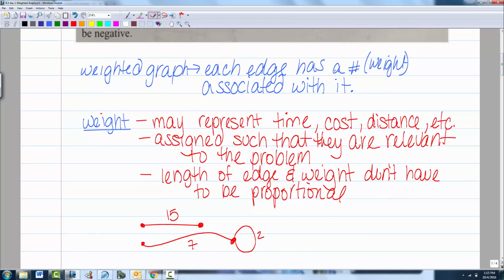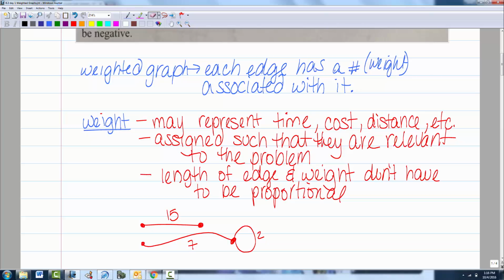So put it in synthesized form, weighted graph. Each edge has a number on it. That number represents something relevant to a problem or some sort of situation. We have questions about the time it takes to get from one place to another. We have an Amtrak station question today in the notes.